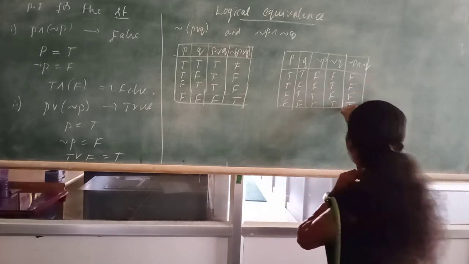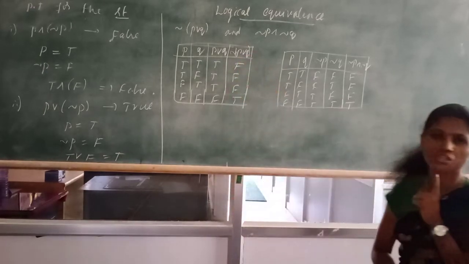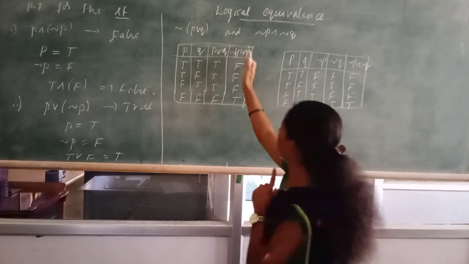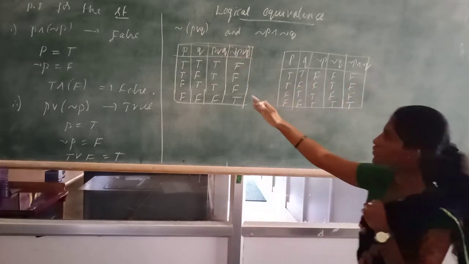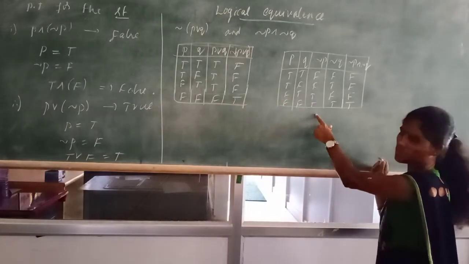Observe this proposition. Observe the last column of these two propositions. The truth values are different in this proposition and in this proposition.